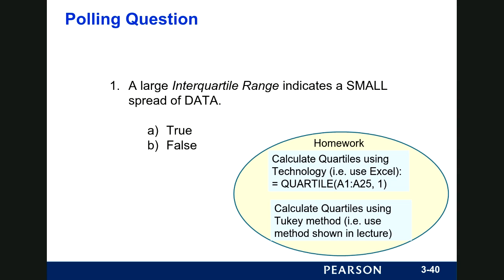A large interquartile range indicates a small spread of data.